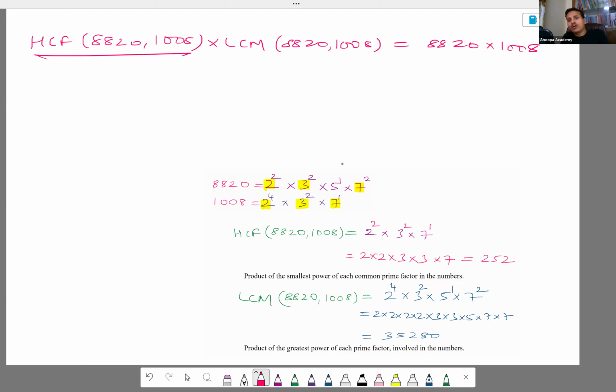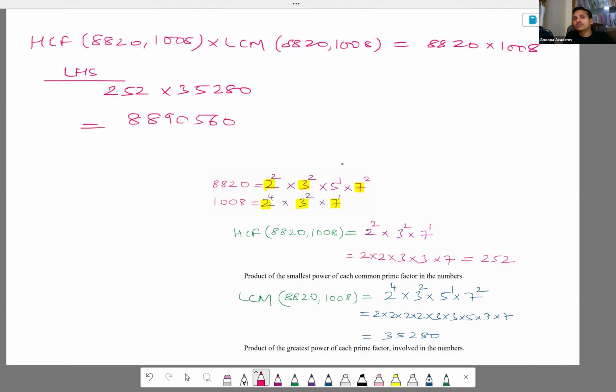See, what is the HCF we got? 252. What is the LCM we got? 35280. This is LHS, the left hand side. If you multiply, you'll get 8890560. Now come to RHS. See, RHS is this.